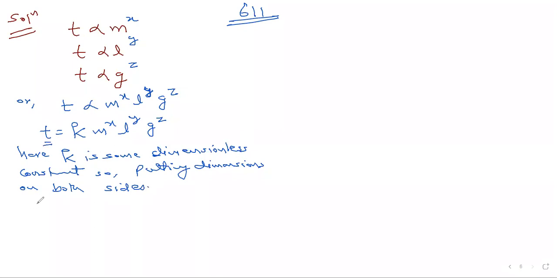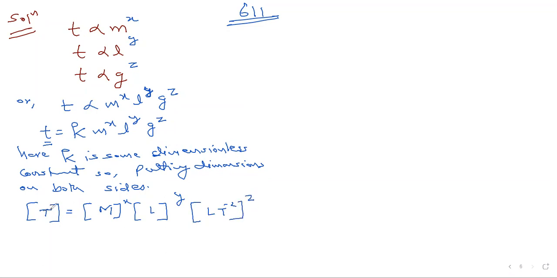This is T. K has no dimension. This is m, so m to the power x, l to the power y, g is LT to the power minus 2, acceleration, whole power z.